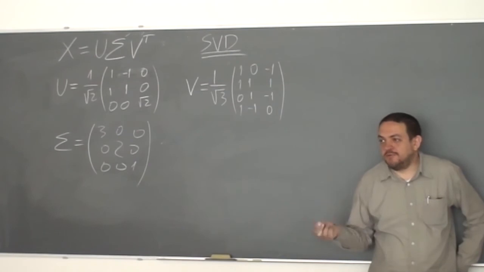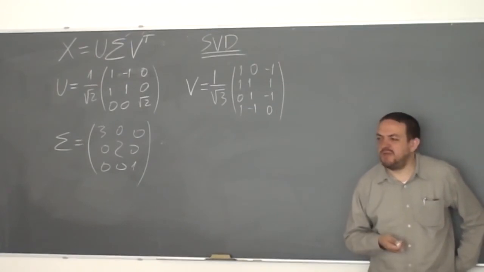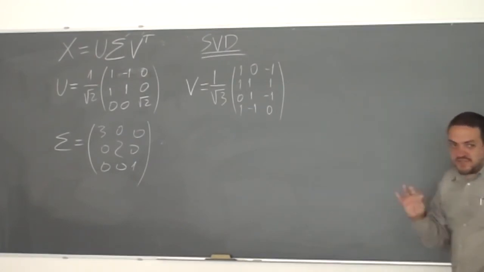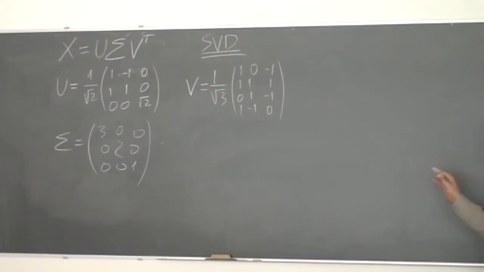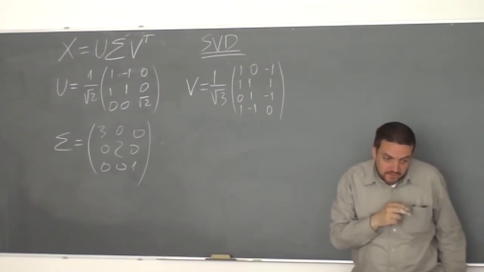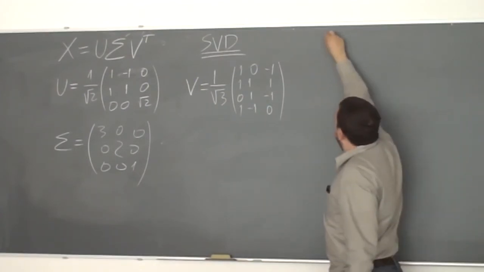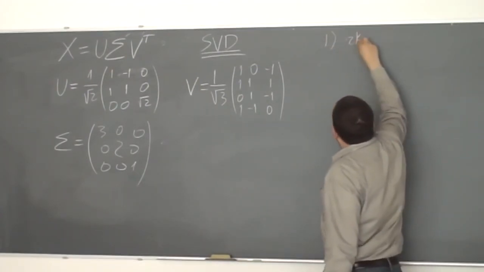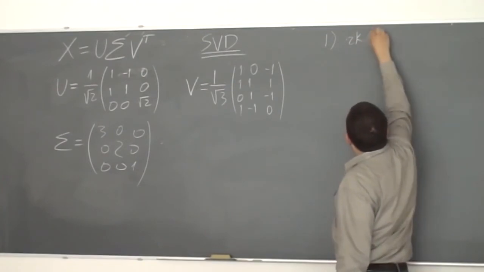Maybe if you check it, you also find some error. So maybe we need to check it. But for the sake of the exercise, let's suppose that this is the SVD. The first question is, what is the rank of matrix X?